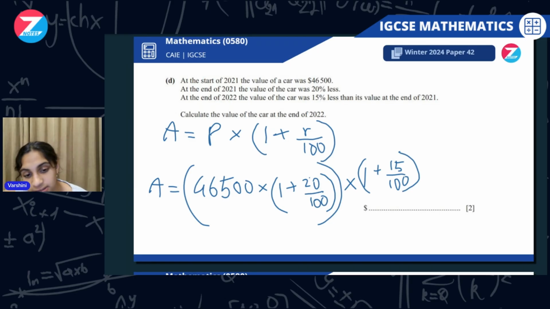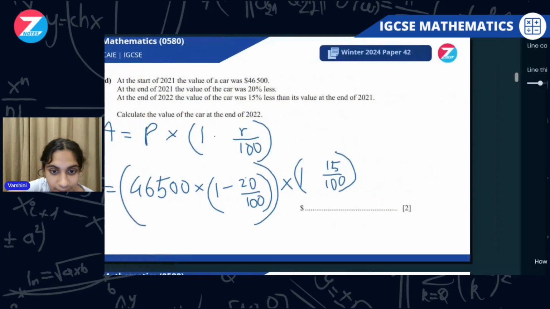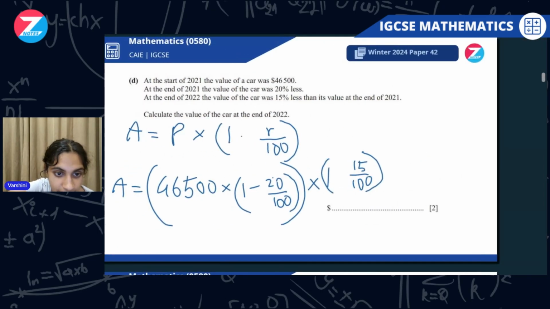Now to simplify this, and for percentage depreciation, remember it's never a plus sign, it's always a minus sign. So don't forget that we're subtracting it because it's going to be less than 100.